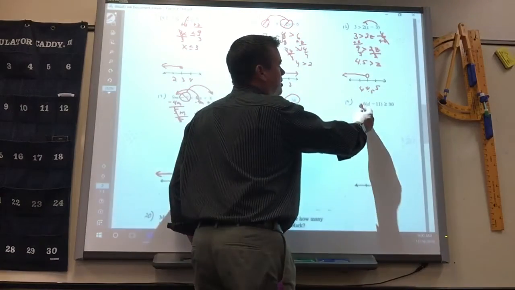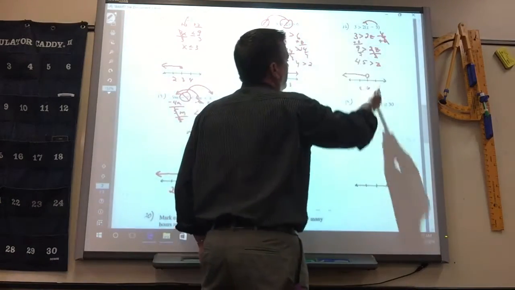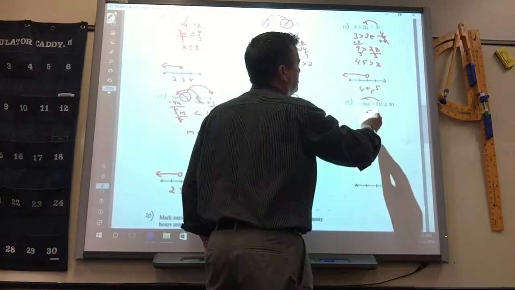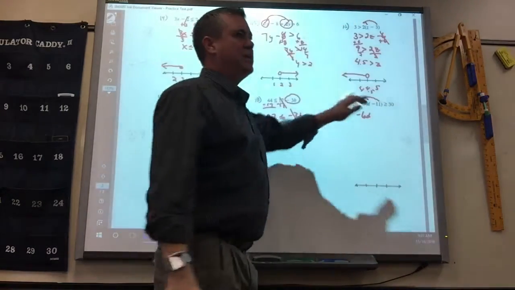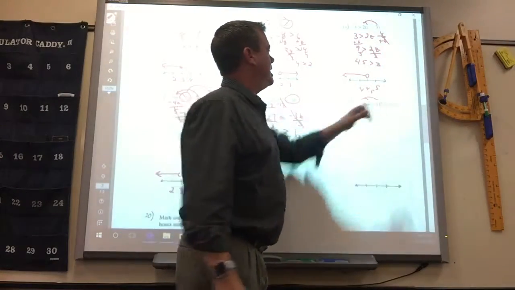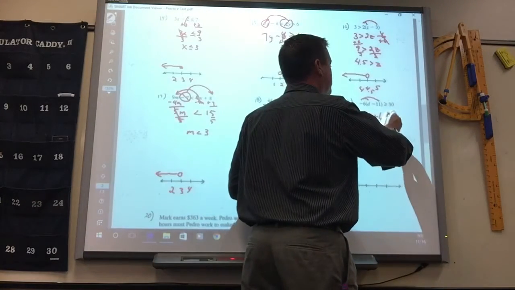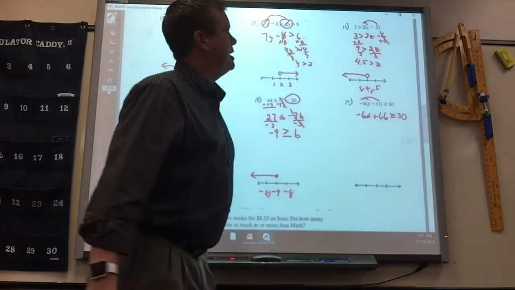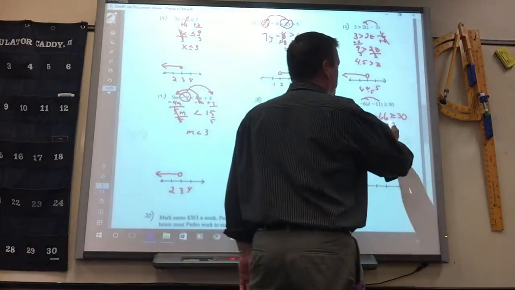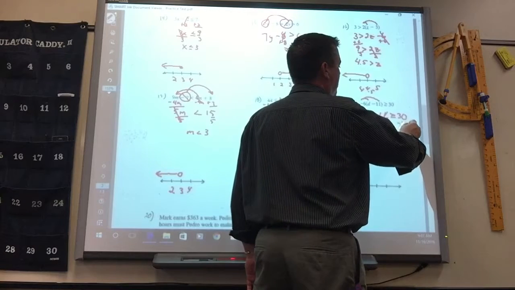Okay, so here, just like this one, you gotta multiply this through. So that's negative 6d. Now this is one you gotta get the sign right. Negative times negative is positive 66. Greater than or equal to 30. So, subtract 66.